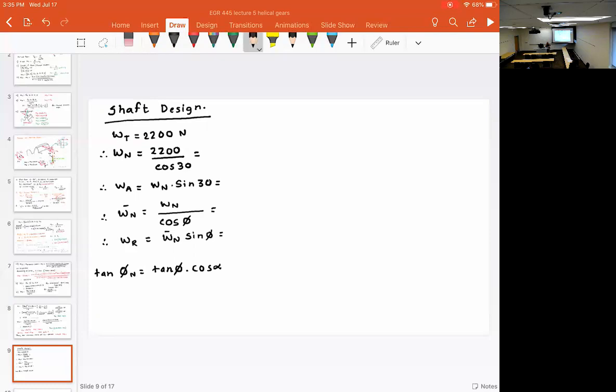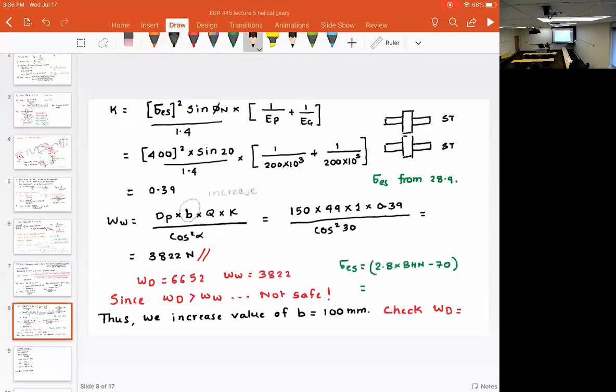Well, I just want you to be aware of this equation. I actually made a mistake here. This actually is phi n, not phi. This is phi n.